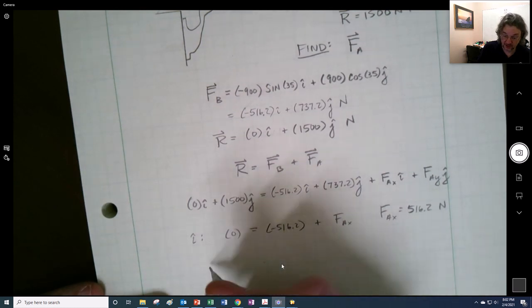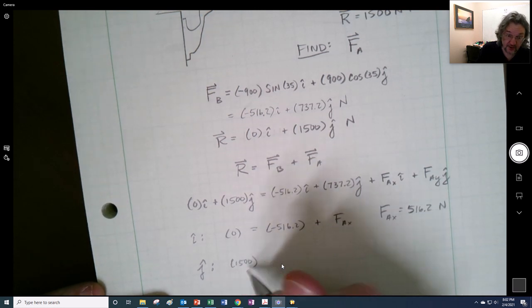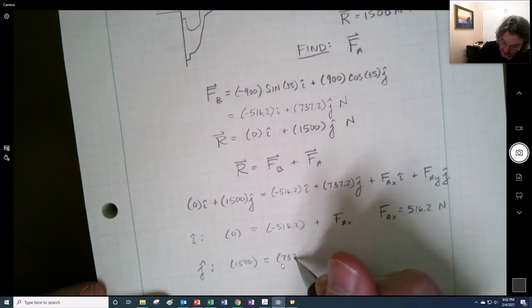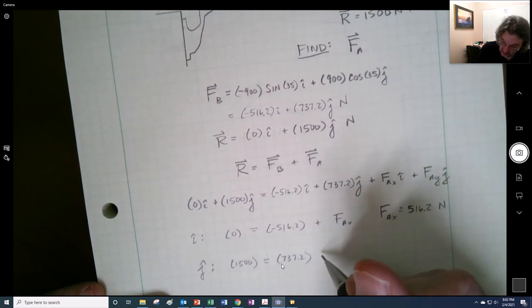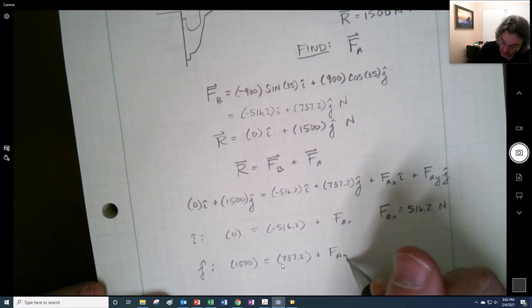That jumps over to the other side. Then in the j direction, 1500 is equal to 737.2 plus FAY.